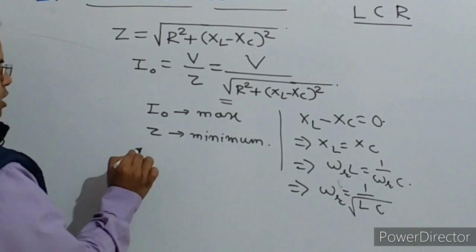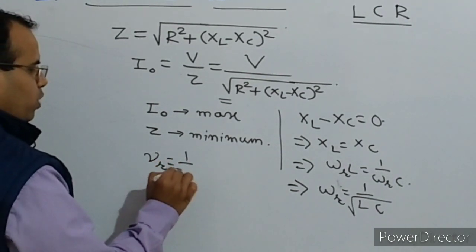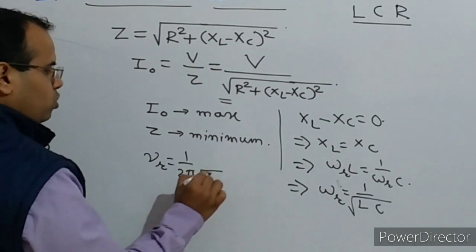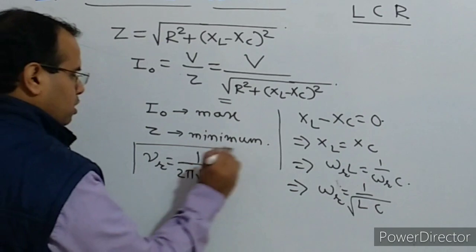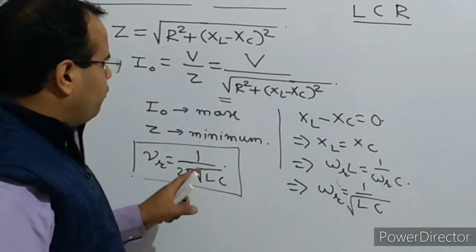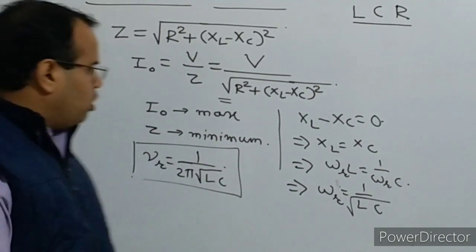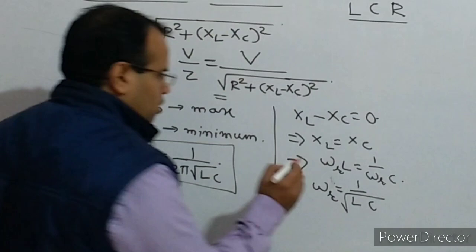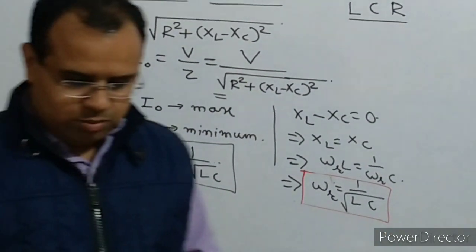You know this omega_R is 2 pi nu_R, so you can write nu_R is equal to 1 upon 2 pi root LC, and this is how you can find the expression for resonance frequency. Okay, and at this particular resonance frequency, omega_R equals 1 upon root LC, current would be maximum.